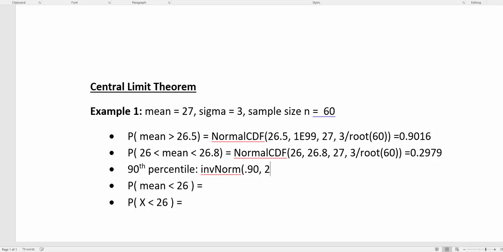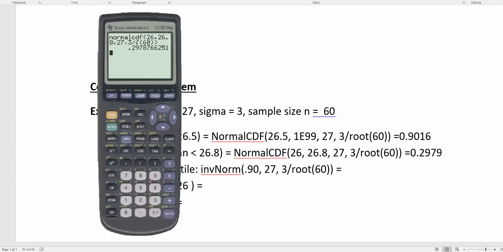The mean is 27. The standard error is 3 over root 60. And we will talk about the interpretation of what this actually means. So let's go ahead and compute this.